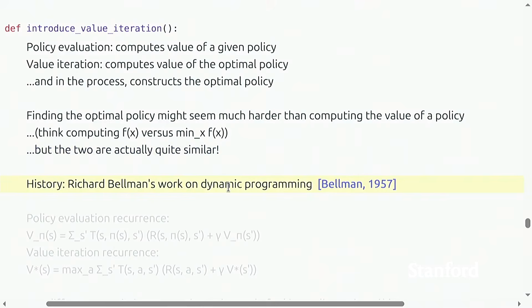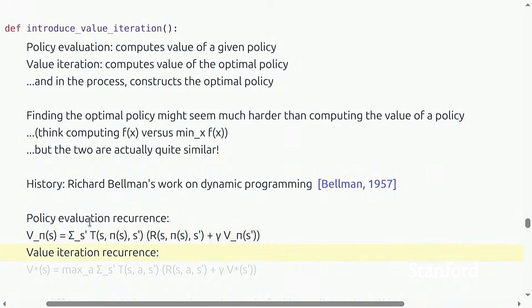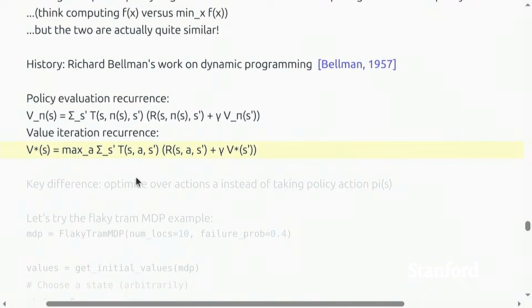So this goes back to Richard Bellman's work on dynamic programming in the 50s. Let me just declare what the recurrence is. This is the recurrence for policy evaluation, which I have on the board. And this is the recurrence for value iteration.